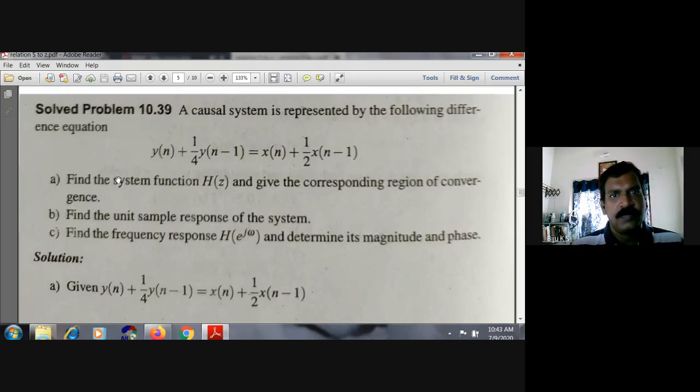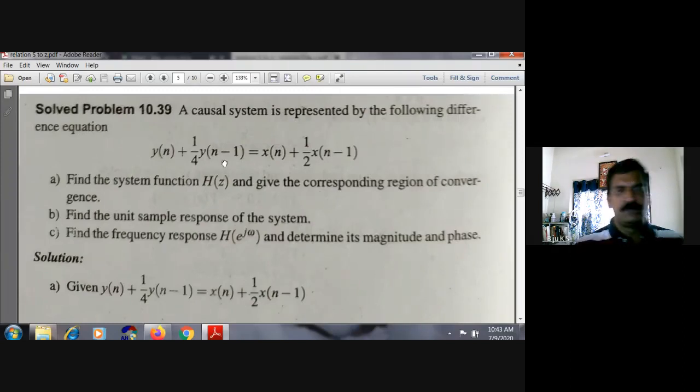Yesterday in the remedial class, we discussed what a causal system is, and that it can be represented as a discrete time system in terms of a difference equation. So y(n) plus 1/4 y(n minus 1) is equal to x(n) plus 1/2 x(n minus 1). Find the system function and give the corresponding region of convergence. Just to find H(z) and the ROC.